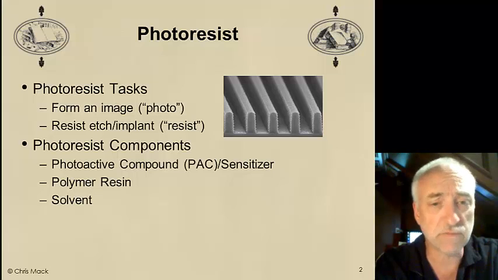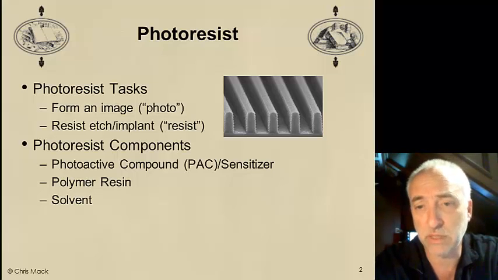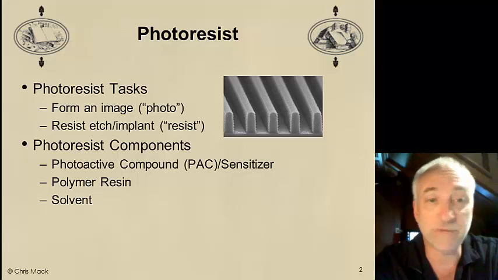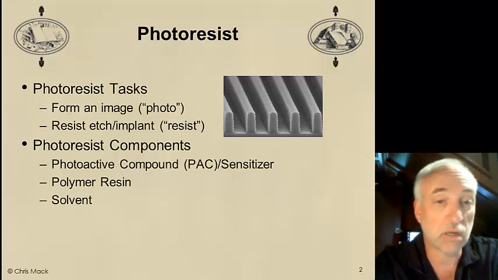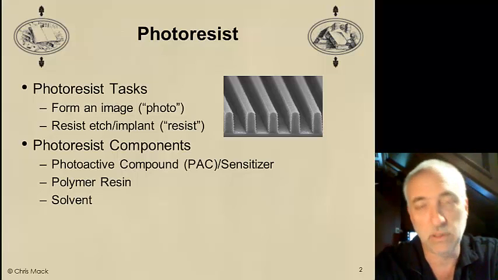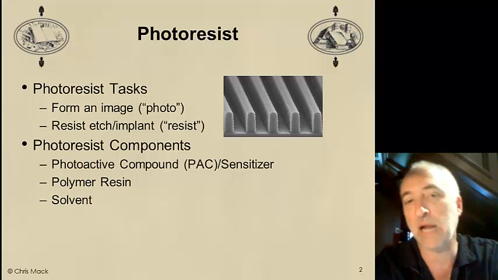Typically, though, these photoactive compounds, these sensitizers, the materials that react with light, aren't very good at etch resistance or implant stopping power. So we tend to use another material, a polymer resin, that provides the backbone of the material. The majority of the weight of the material is made up of the polymer.